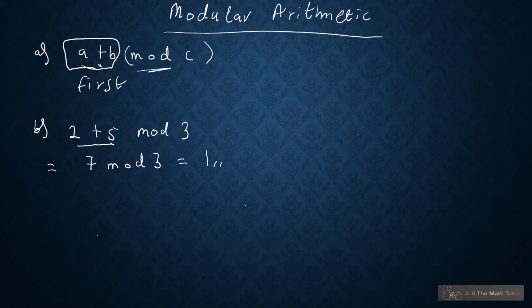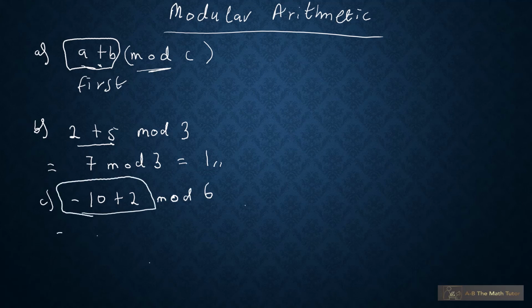In the same way, if you are dealing with negative 10 plus 2 mod 6, you have to perform this operation first. So negative 10 plus 2 is negative 8 mod 6. And we've already learned how to deal with negative numbers in modular arithmetic.